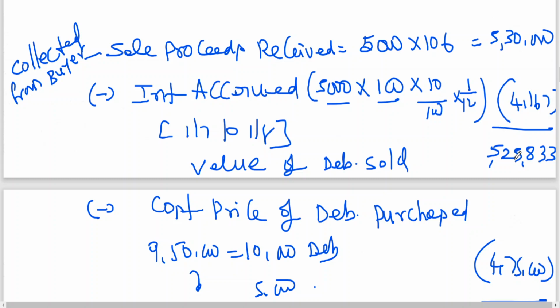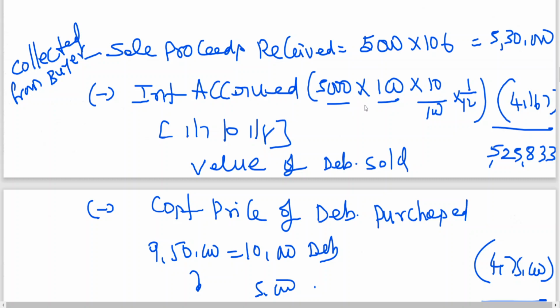It means the company is making payment to the buyer who is holding the debentures on that particular date. So this 4,167 interest for 1 month and then 5 months which he is holding, total 6 months interest the company will be paying on 5,000 debentures to the buyer.